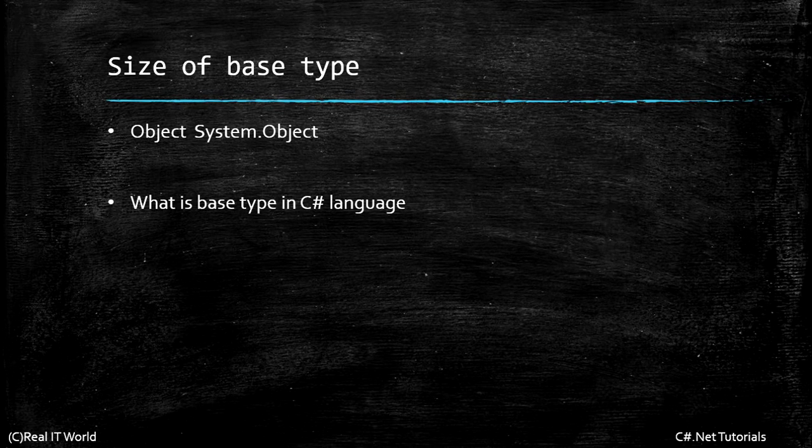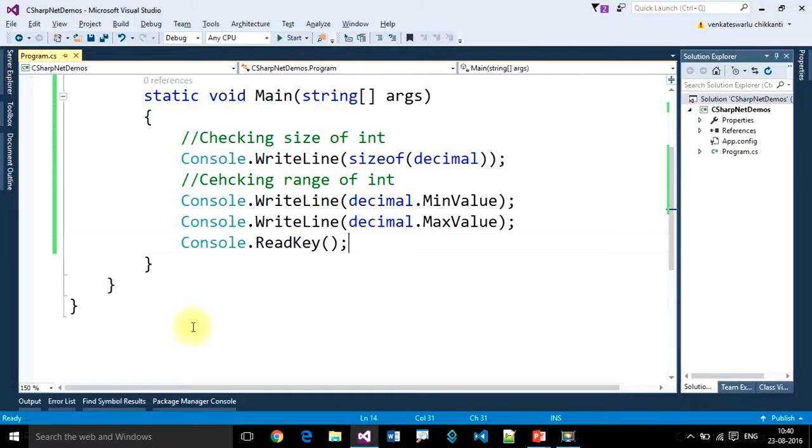Previously we saw that integer is going to store only integer data, string is going to store only string data, and boolean is going to store only boolean. But object can store any type of data, and it is the parent class of every type in C# programming language.